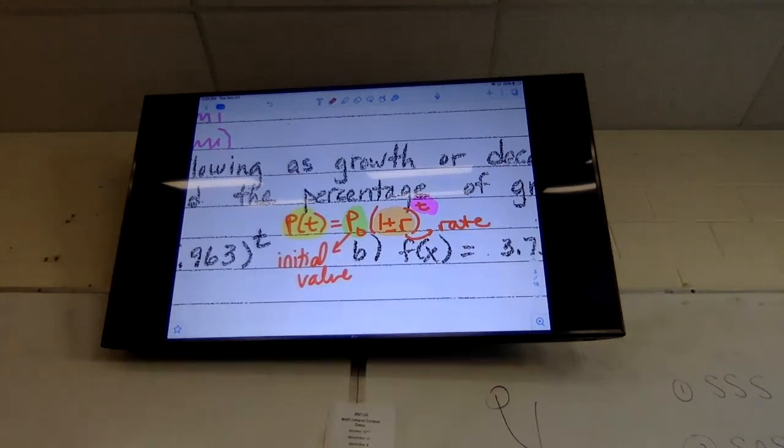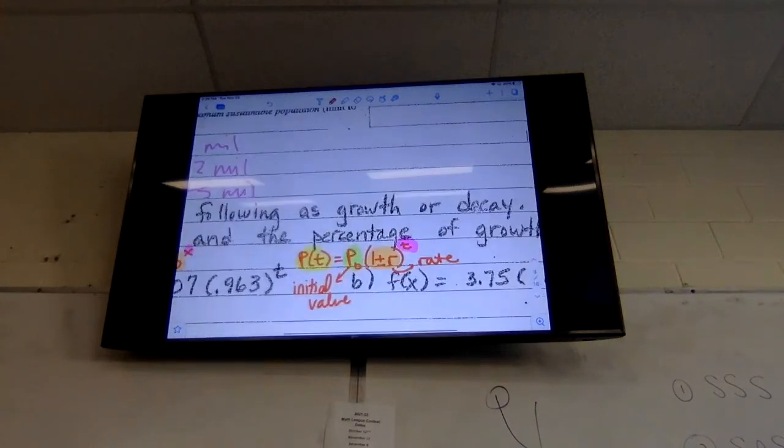Now I wrote plus or minus because when we are doing growth, you can think of it as plus. When we're doing decay, we can think of it as minus. When in doubt, you can just use plus, and then if you get a negative number out, then it's going to be a negative rate or a decay. So growth is when the base, this 1 plus or minus r, is greater than 1.